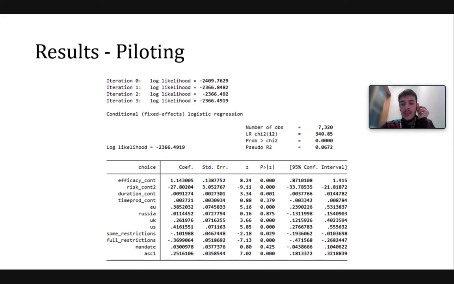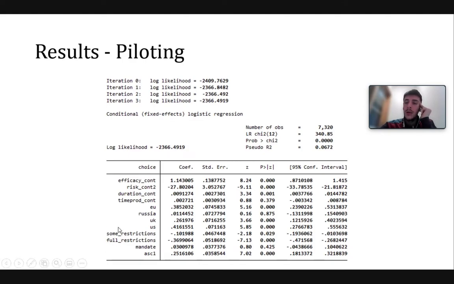But we can certainly say at the 99% confidence level that the sample from the US and Italy prefer the European vaccine, the UK vaccine, and the US vaccine. Russia, and this is also interesting, is not statistically significant. So we fail to reject the null hypothesis that there is a difference between the Russian vaccine and the Chinese one. Okay.